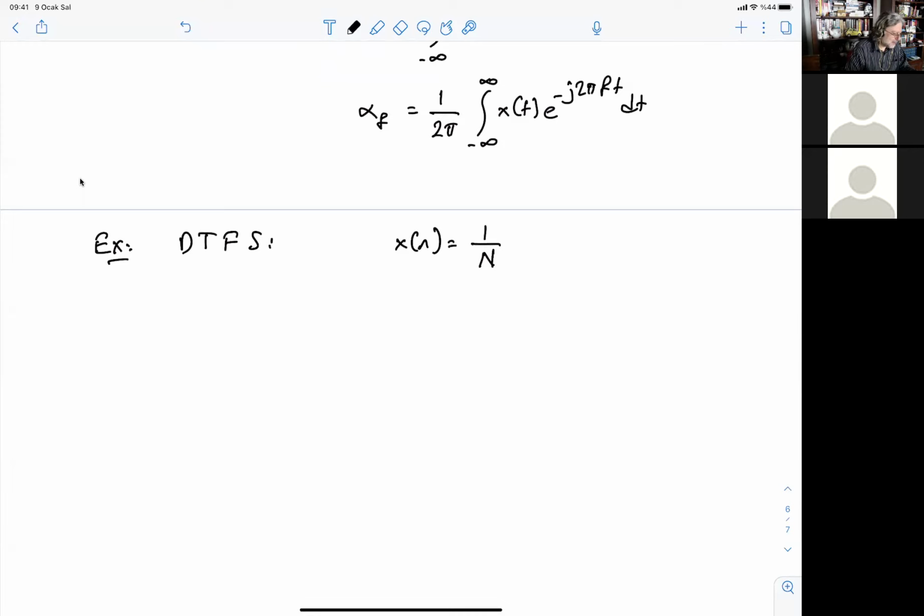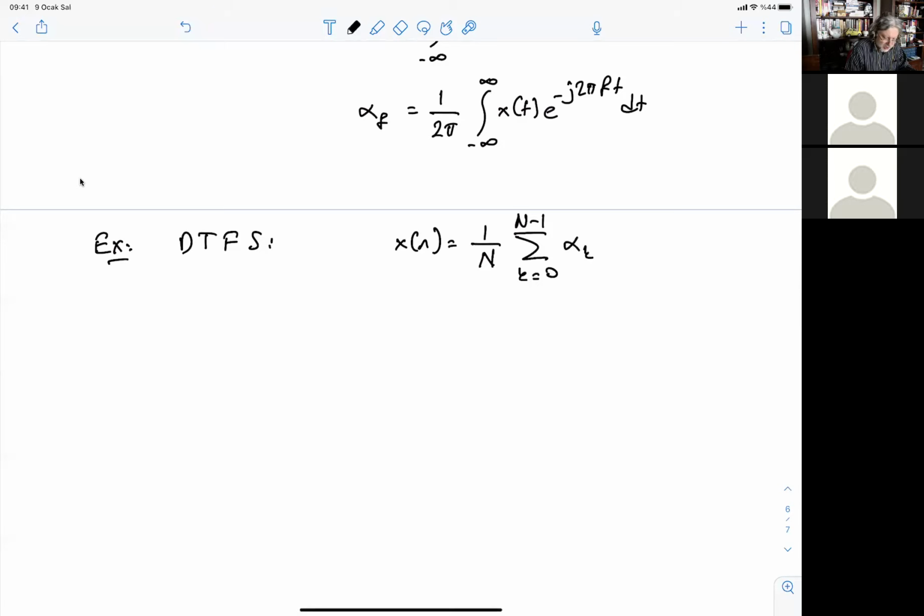I don't know why. The summation is within one period. This capital N is the period of the discrete time signal, because the discrete time Fourier series is applied to discrete time periodic signals. So capital N is the period here.